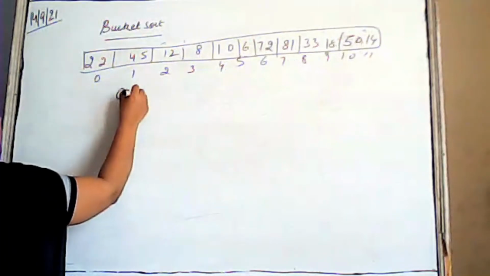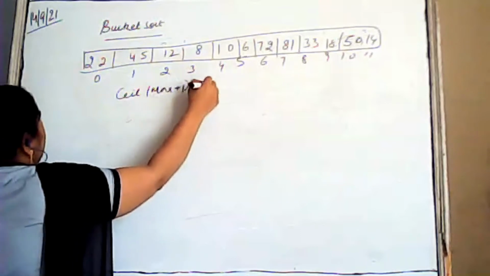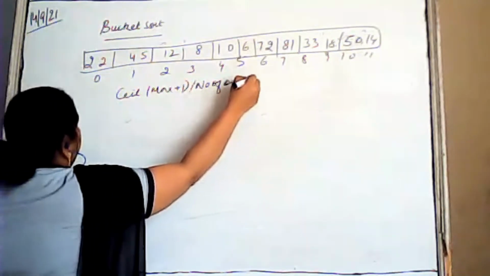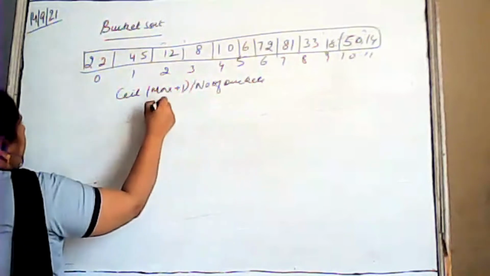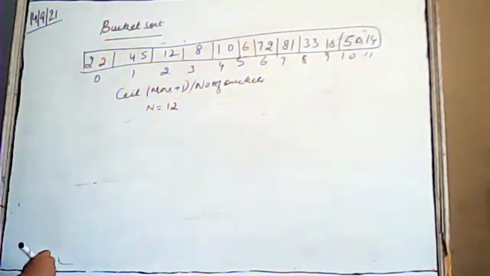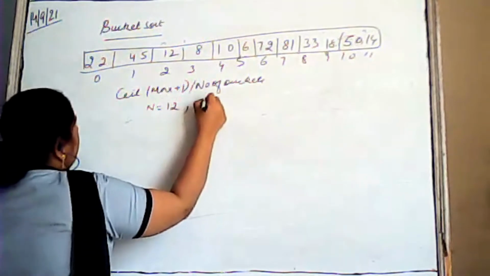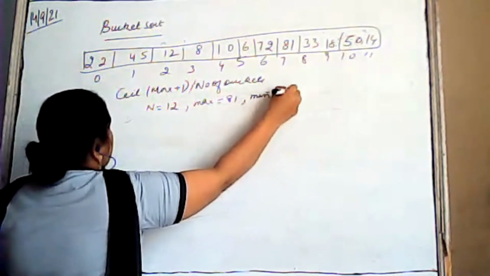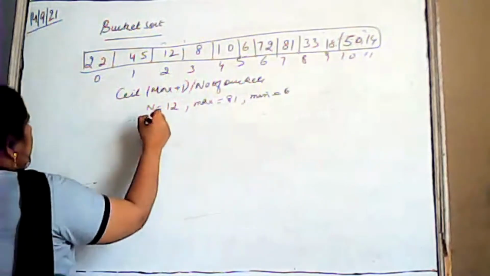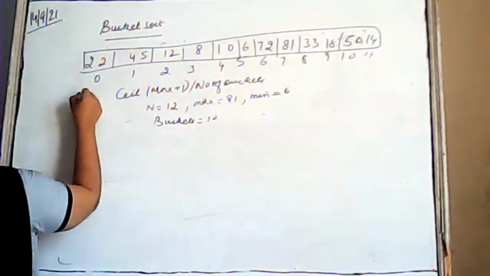So ceil of (max plus 1) divided by number of buckets. The number of elements is 12. Then max is equal to 81, min is equal to 6. Then buckets is equal to 10. And the divider function we will calculate.